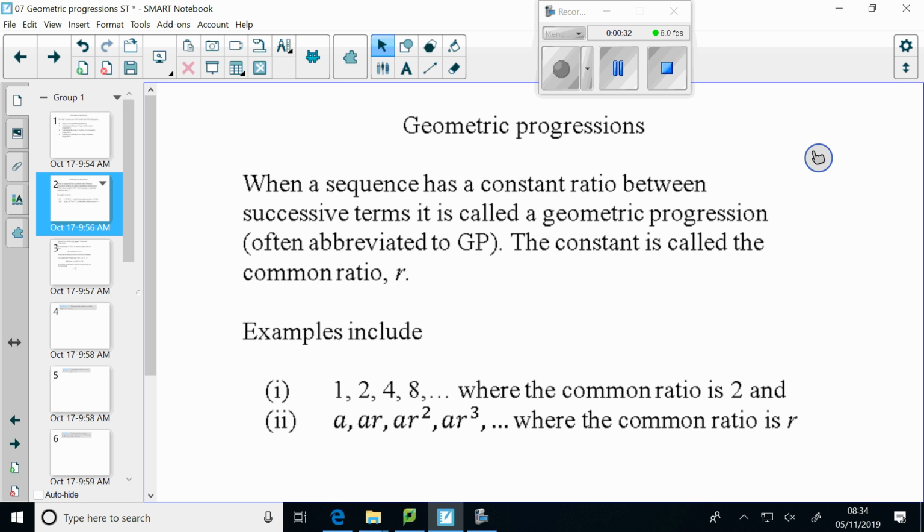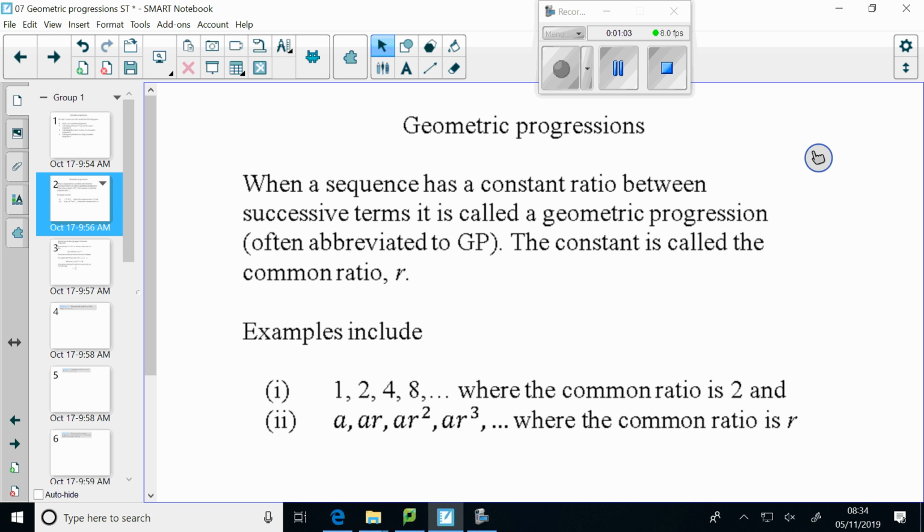Okay, when a sequence has a constant ratio between successive terms, it's called a geometric progression, often abbreviated to GP. The constant is called the common ratio, r. So, take the example 1, 2, 4, 8, where each successive term has a common ratio of 2.